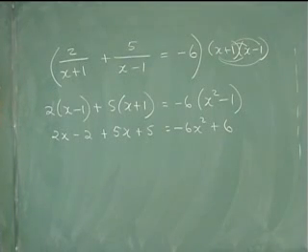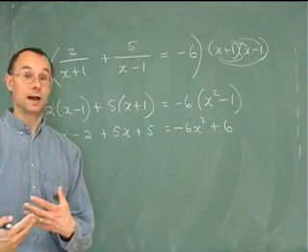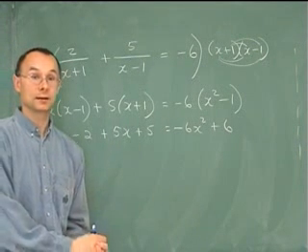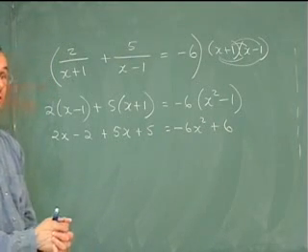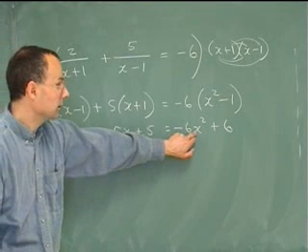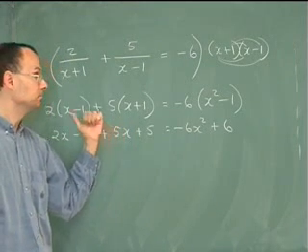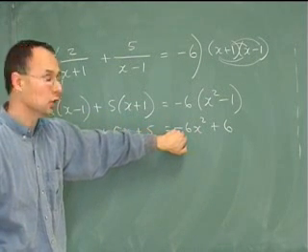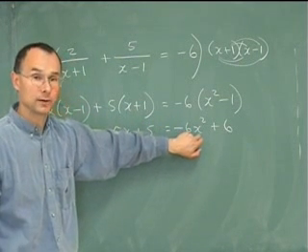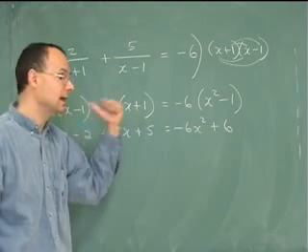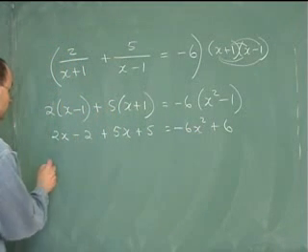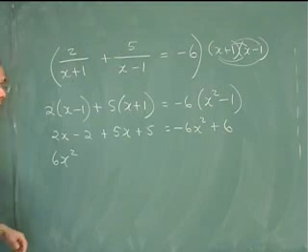What I now want to do is bring all terms on one side, so I have a 0 on the other. And to make my life a little easier, I'm going to start by bringing these terms over to the left side. Now, why did I choose that? Because I don't like negative coefficients in front of x squared. So I'm going to bring this term over here so it becomes positive 6x squared.